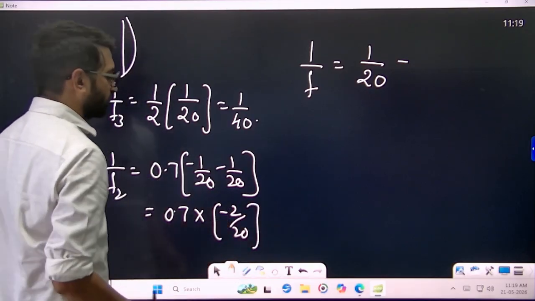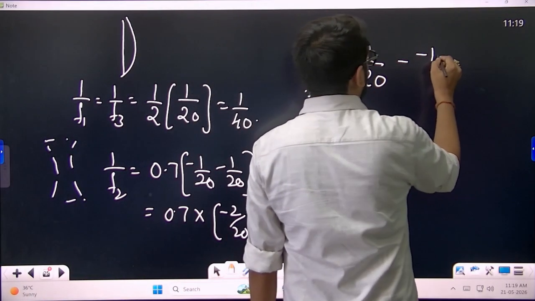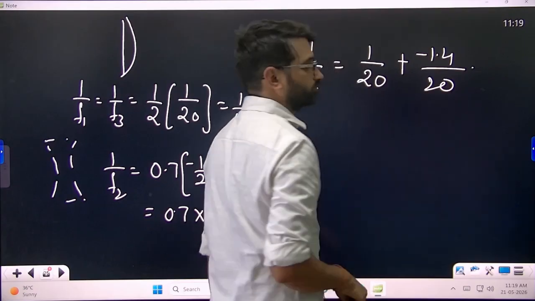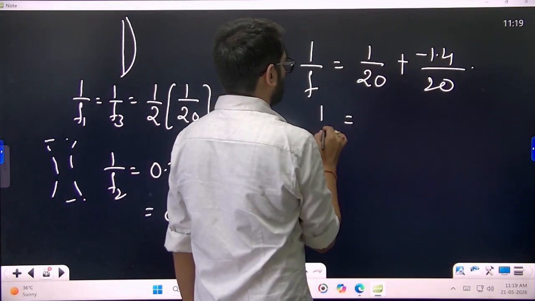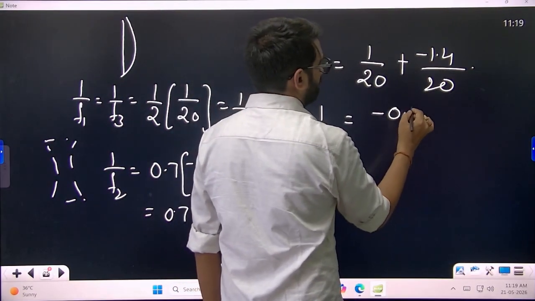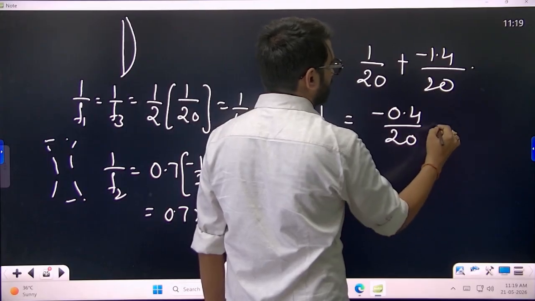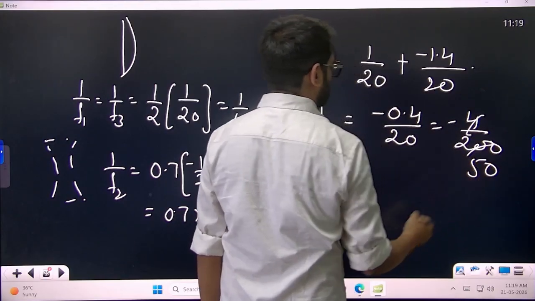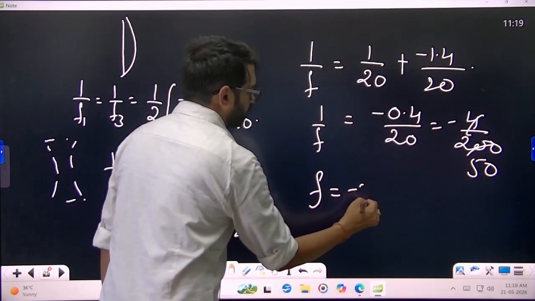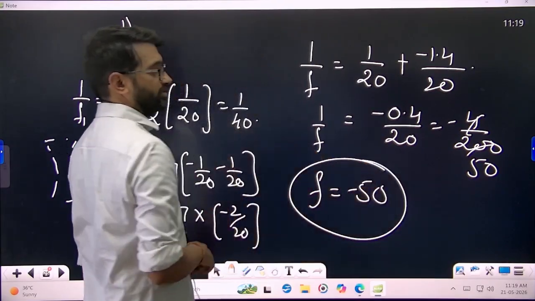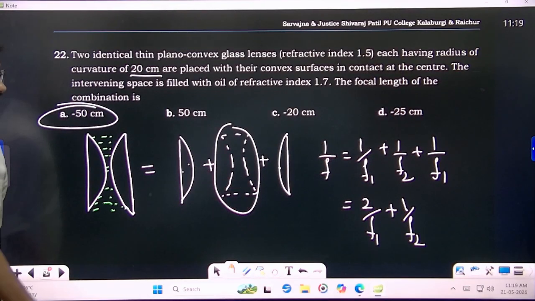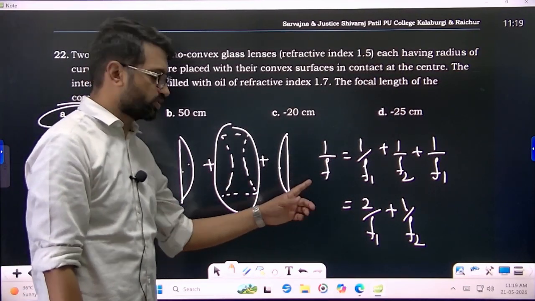So 7 times 2 is 14, so this is minus 1.4 divided by 20. So 1 by f is equal to minus 0.4 by 20, which is minus 4 by 200. This is minus 1 by 50. So f is equal to minus 50 centimeters.